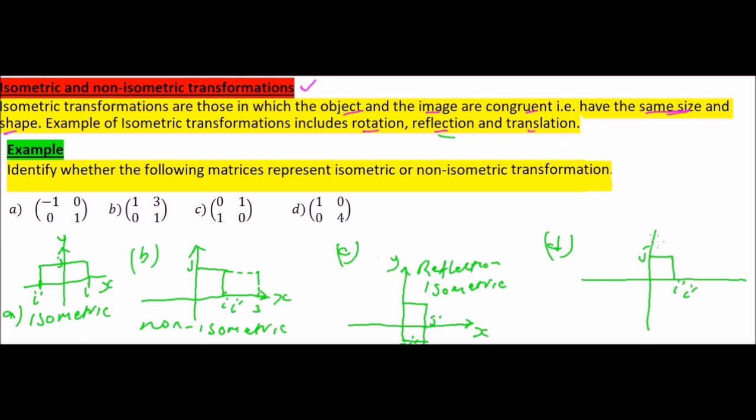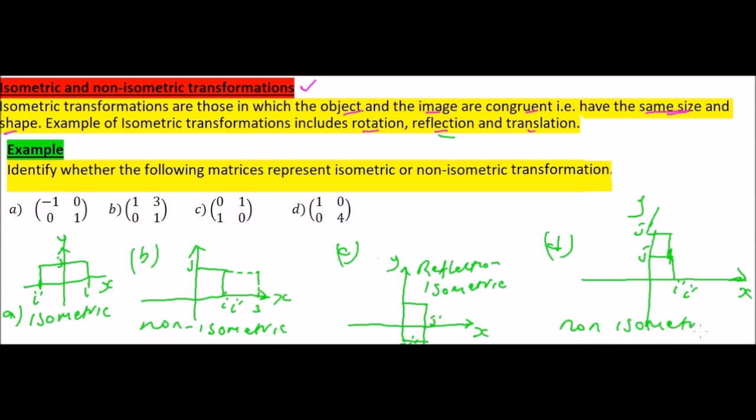This is where we have our new j. So it means this is a stretch where the x axis is invariant. This is x and this is our y. The x axis is invariant, and the scale factor is actually 4. So this is non-isometric.